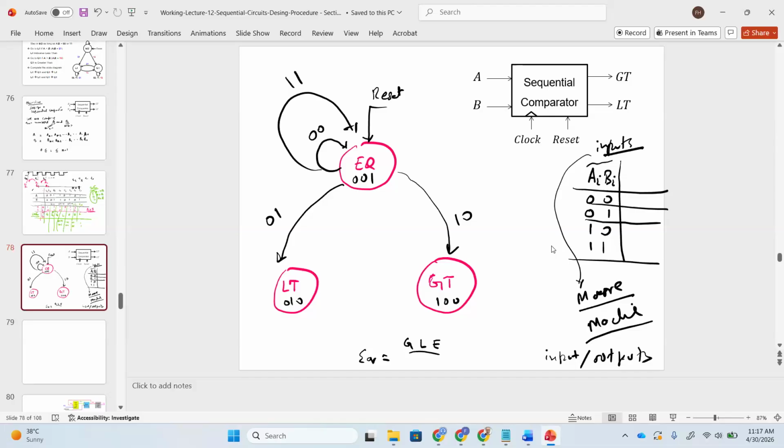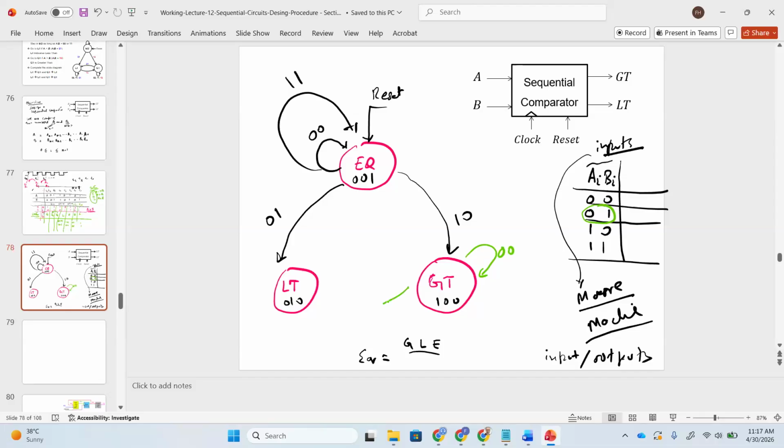Okay, now let's assume I'm in the GT state, and the input is 0 0. Where should I go? Yes, anyone may answer. Retain. Yes, it will be retain. GT. And if it's 0 1, please remember, now we are going to the MSB side. So if it's 0 1, it'll be less than.